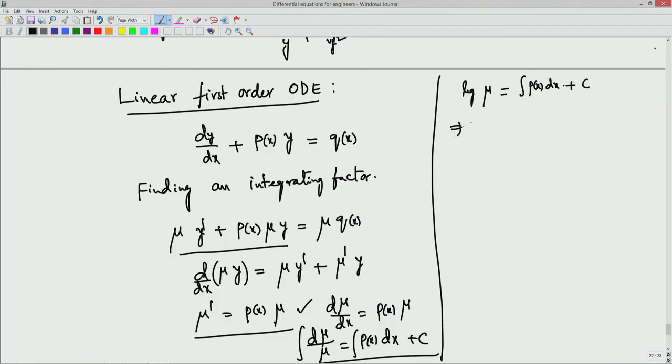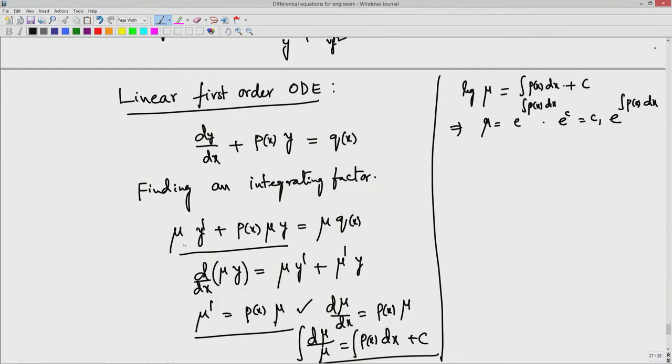This gives mu equals e to the power integral p(x) dx times e to the power c, which I call c1 e to the power integral p(x) dx. Both are arbitrary constants. Since p is a function of x, the integral and its exponential are also functions of x, so mu is a function of x. This is how you get your mu.